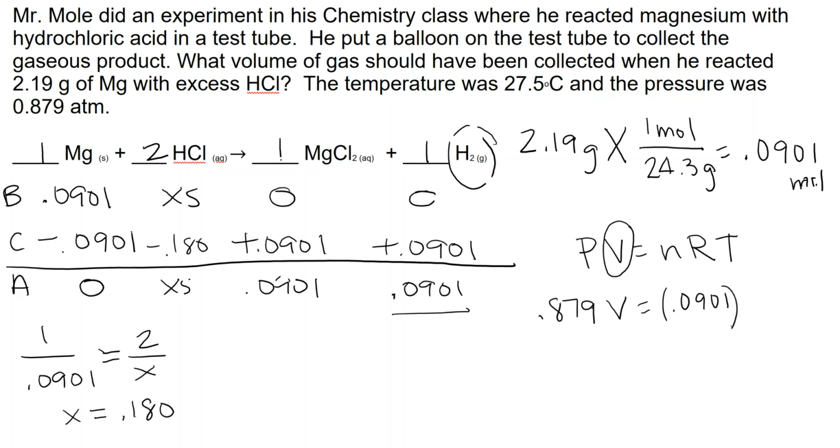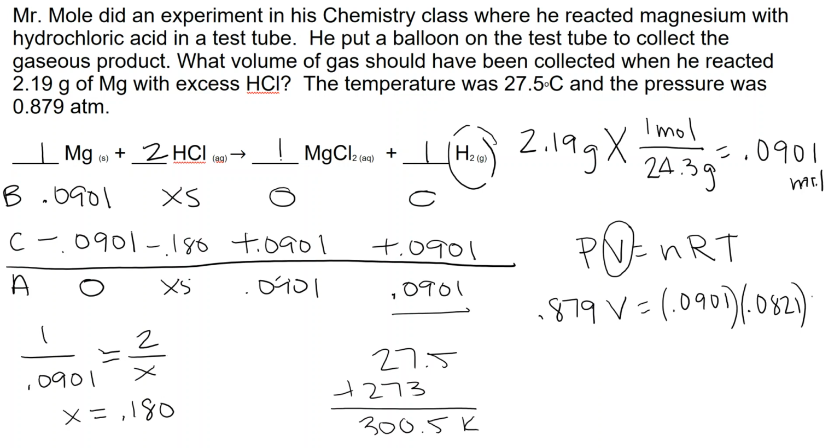0.0901. R is the gas constant. It's always 0.0821. And temperature, remember, needs to be in Kelvin. So we'll have to take our 27.5 degrees Celsius and add 273 to get 300.5 Kelvin.